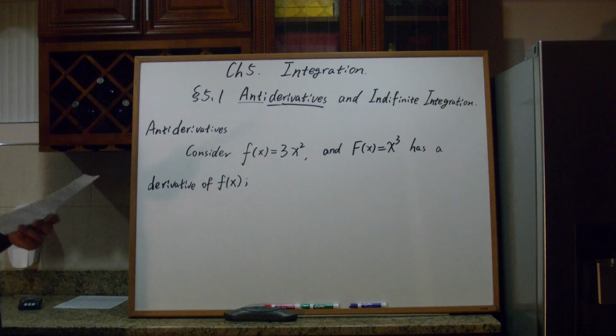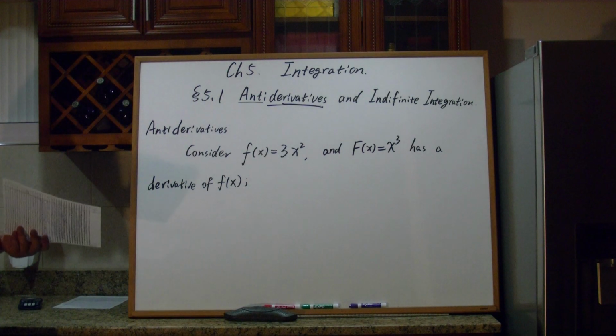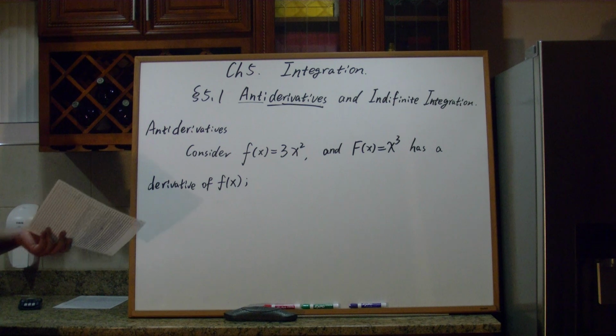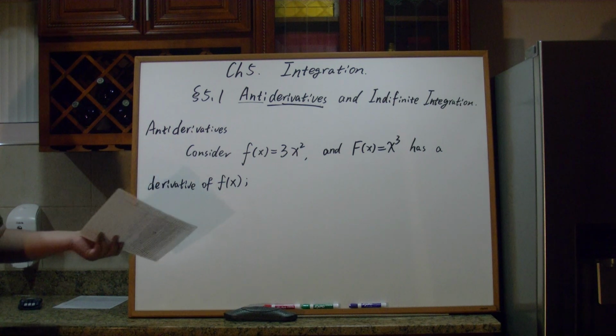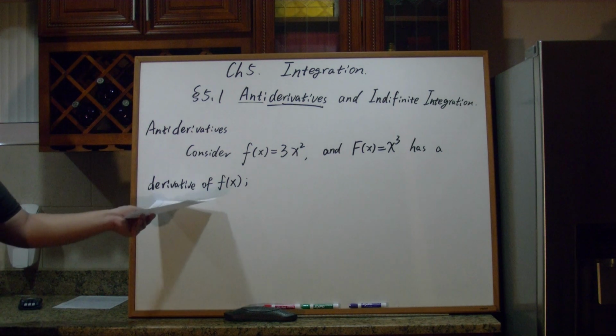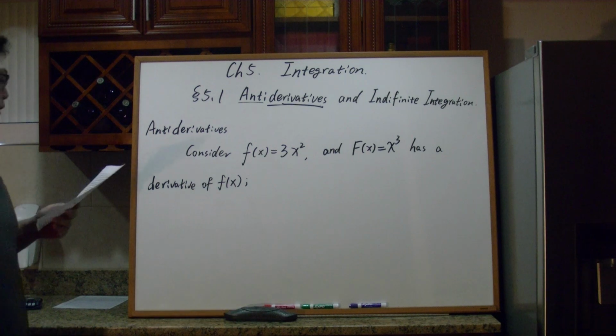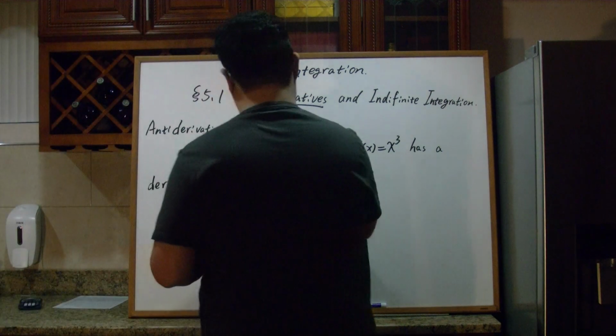Whatever we have, given the function f of x, the derivative of capital F of x is 3x squared, which is the lowercase f of x. That's what we can see.